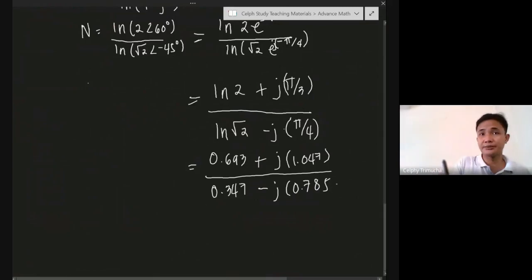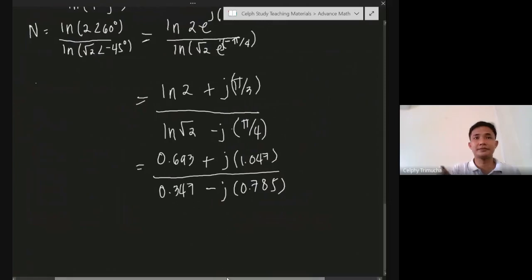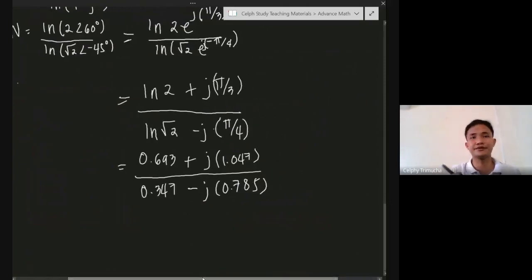So, ang nabilin subong sa aton nga equation is division of rectangular nga forms ng ating nga complex numbers. So, based sa aton nga previous nga mga discussion, ano ang pinakahapos nga way when we are dividing sa complex number?